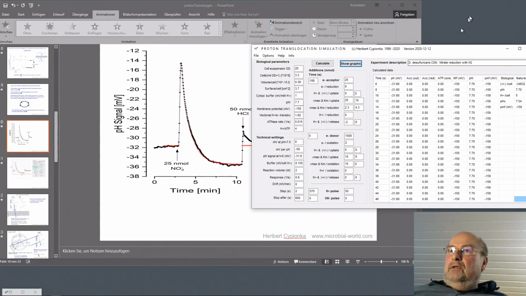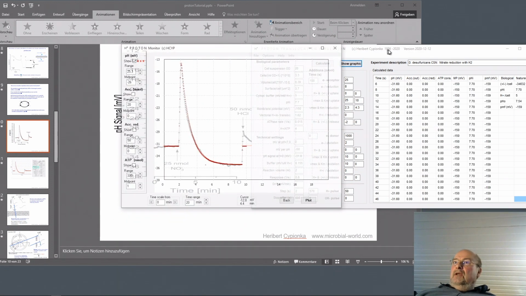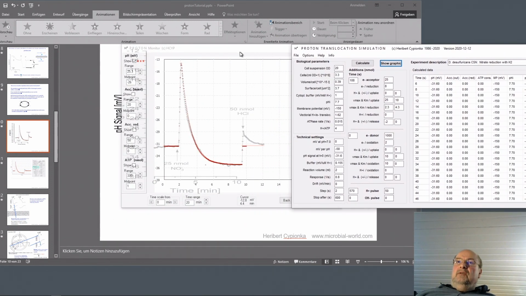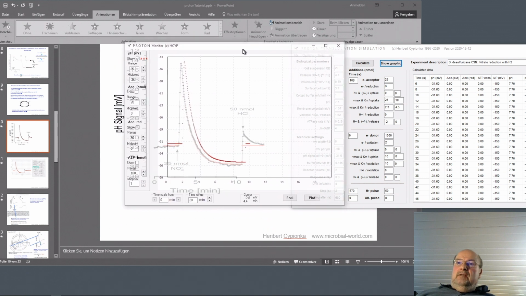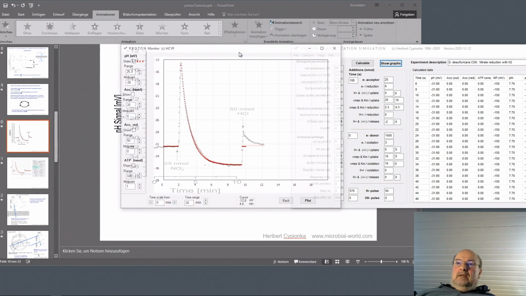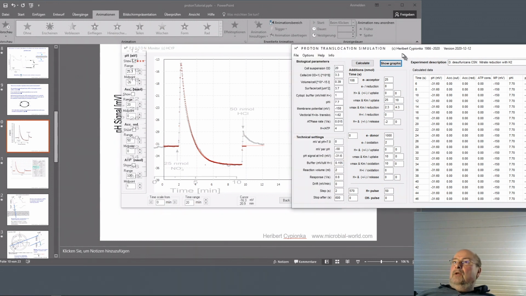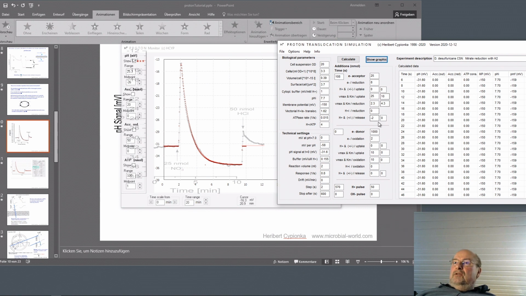Here's our PROTON.EXE, and we say show graphics. And what you see is that we can very nicely simulate the situation. Then we would like to look at our parameters for simulation and what has changed.